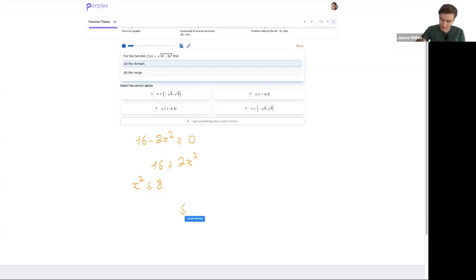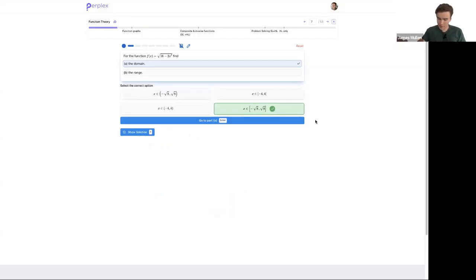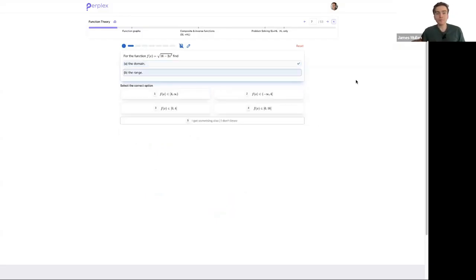So this means that my actual interval for x is greater than or equal to negative square root of 8, and less than or equal to the square root of 8. And just being very careful, we notice that these are inclusive inequalities, which means I need square brackets, so that makes it option 4. All right, and I'm going to erase this, and then we'll do part B.